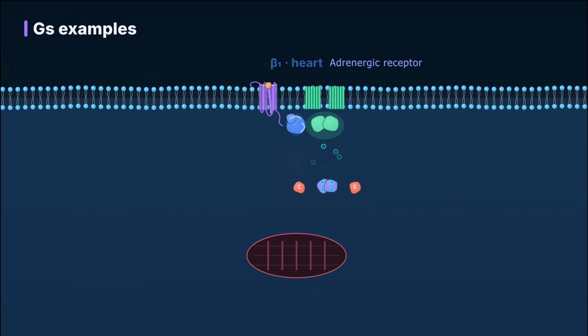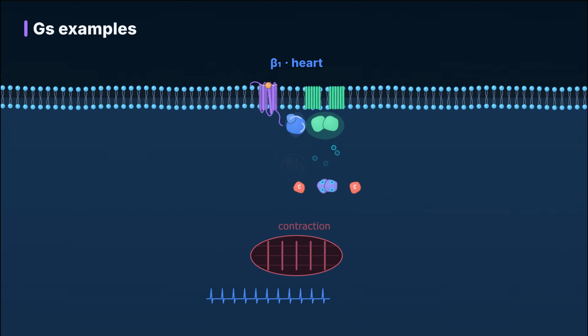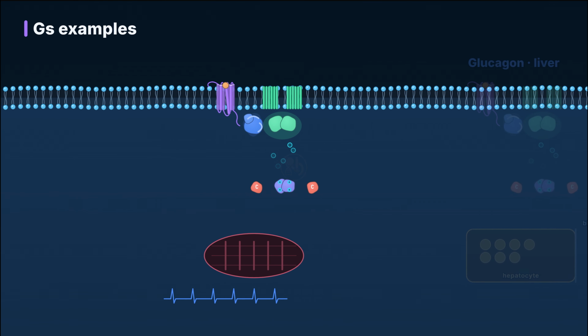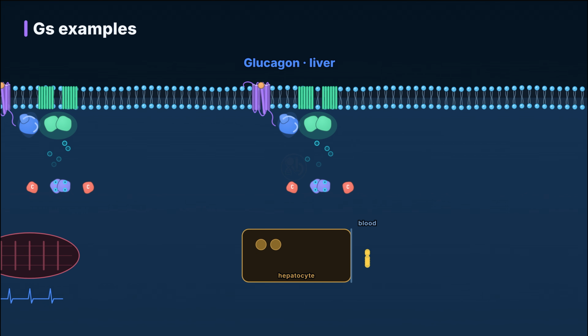Beta-1 adrenergic receptors in the heart commonly couple to GS. Their cAMP-PKA signaling increases pacemaker activity and strengthens contraction through downstream targets. Glucagon receptors in the liver also couple primarily to GS.